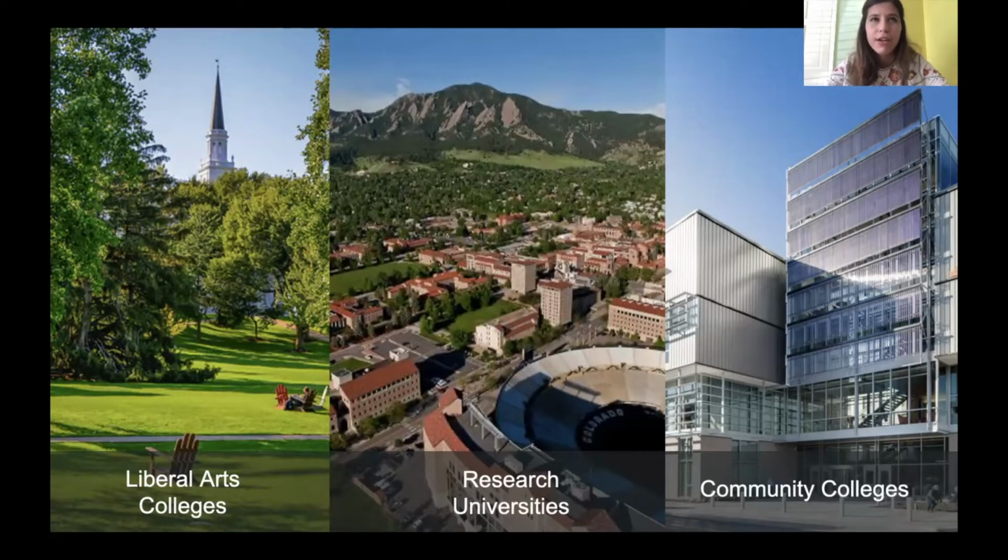And it is not uncommon for professors to take their students for lunch or for dinner to their own houses. So that is liberal arts colleges. In the middle, we've got public research universities. That is a picture of the University of Colorado Boulder. These universities are usually state funded and often very large institutions with big class sizes.